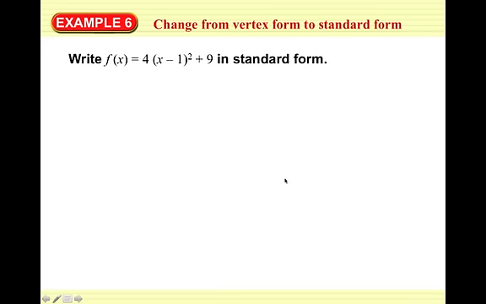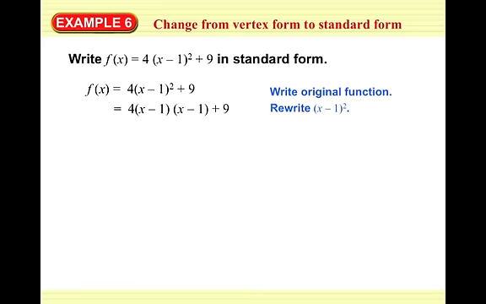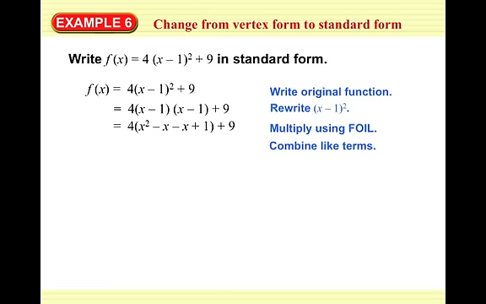So we'll copy the original equation, f of x equals 4 times the quantity (x minus 1) squared plus 9. Well, you need to rewrite (x minus 1) squared as (x minus 1) times (x minus 1), and then you got to FOIL. So we're going to have 4 times the quantity (x squared minus x minus another x plus 1), and then out to the side plus 9. Simplify inside the parentheses by combining like terms, and you'll have 4 times (x squared minus 2x plus 1), and then the plus 9.